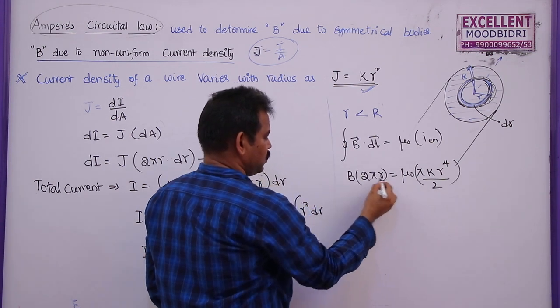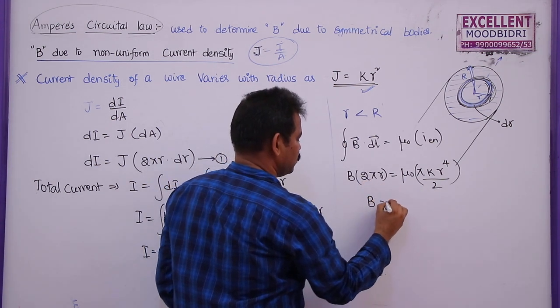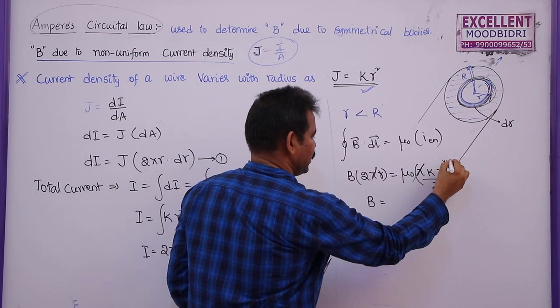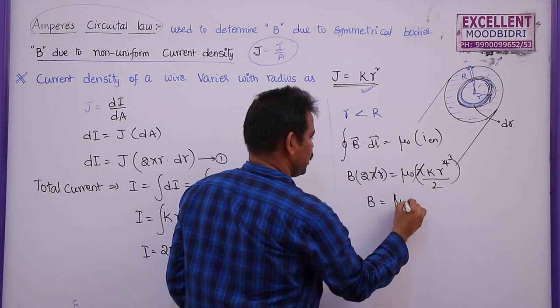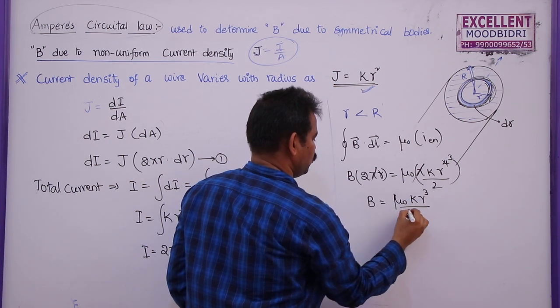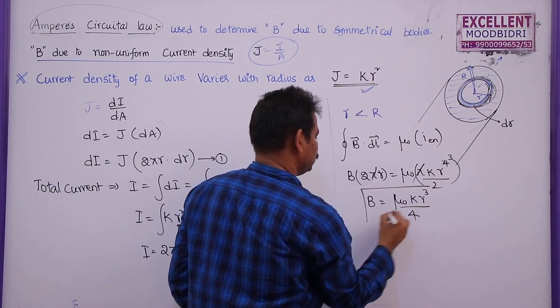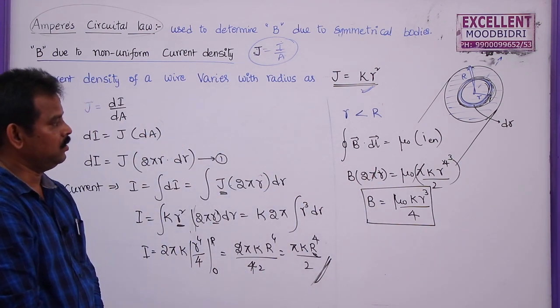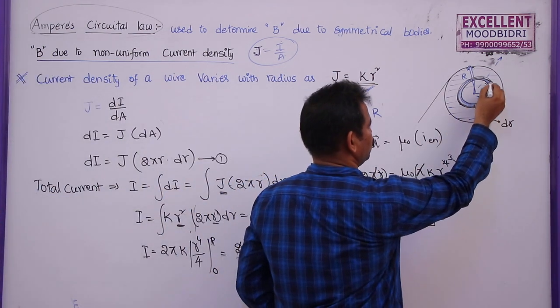So the 2 will come here, you can cancel pi, and one r will get cancelled. So B is mu naught k r cubed by 4. This is the magnetic field due to this portion.